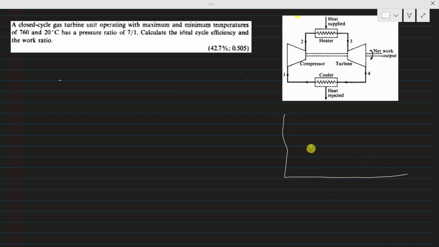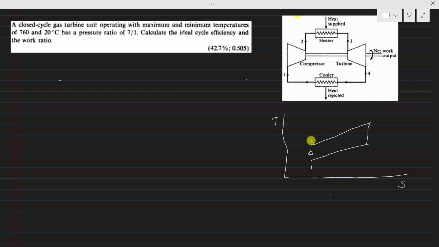For the TS diagram, you know that a gas turbine works on a constant pressure cycle: two constant pressure processes and two isentropic processes. The process from 1 to 2 is isentropic compression.